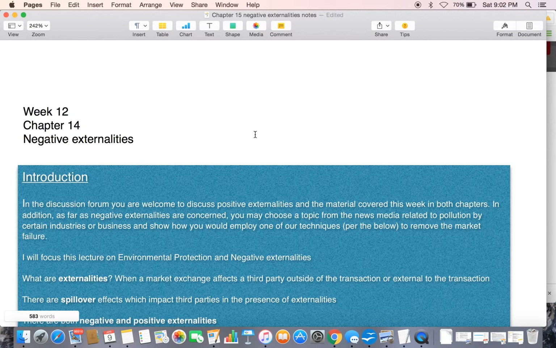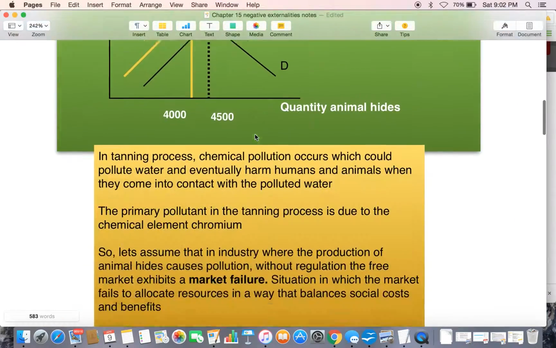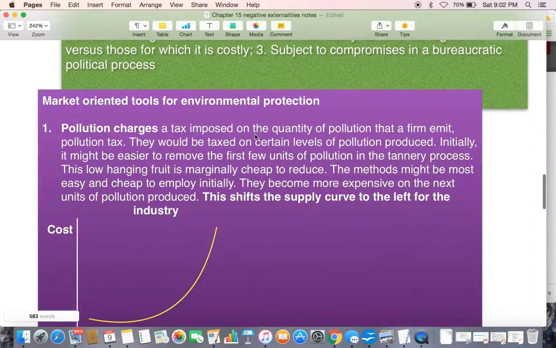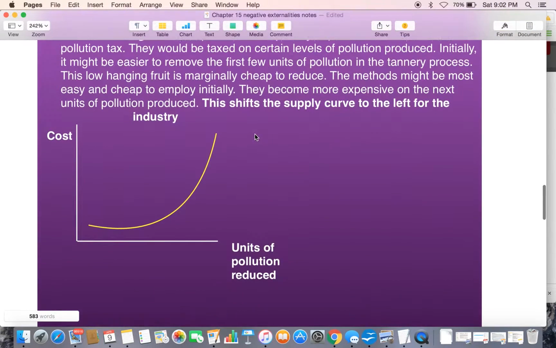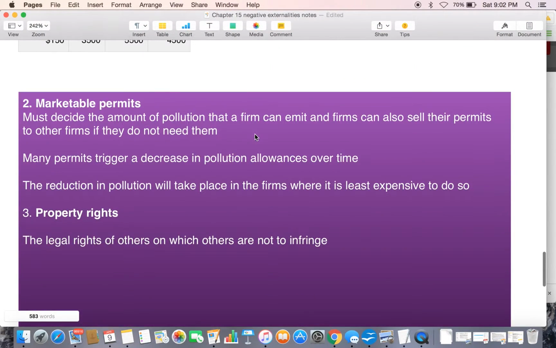We might not know the scientific ways of employing different technologies to reduce the pollution that's occurring, but maybe we can look at the different types of market-oriented tools we have, such as imposing a pollution charge on the firms in the industry, or allowing for marketable permits to occur, or clearly defining property rights, which might help us reduce pollution, which reduces the negative externality, because pollution is a negative externality.